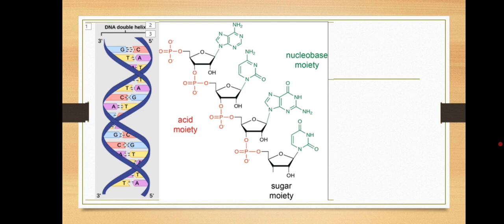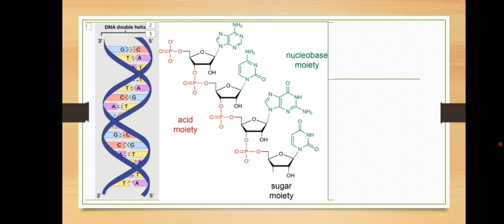So polymers of nucleotides means, let us look closely at the DNA double helix structure. GC, TA, TA, GC, AT, CG, AT, all are repeating, isn't it? Similarly, the entire nucleotide unit is repeating, because the nucleotide unit consists of adenine, thymine, cytosine, guanine, all repeating.